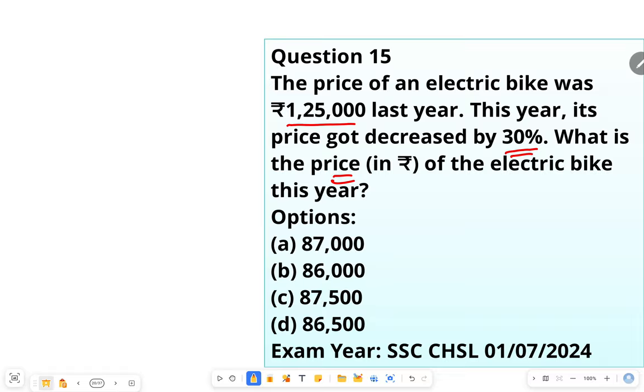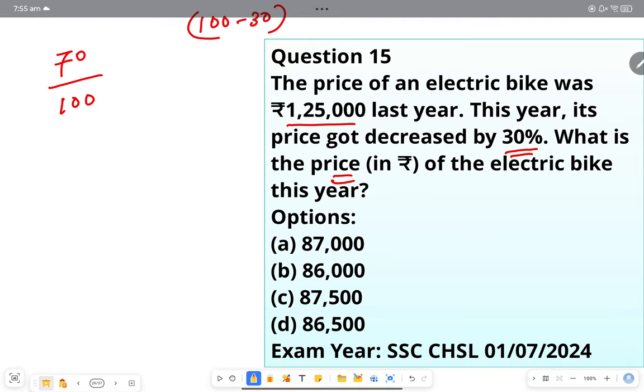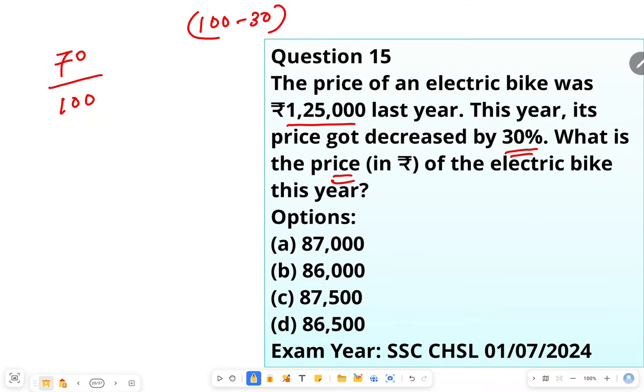Instead of going through that much process in the examination, you need to do this. You will say, sir, if it is decreasing, then it will be 70 upon 100, because I'm a very intelligent student. I can subtract 30 from 100. And look at this.